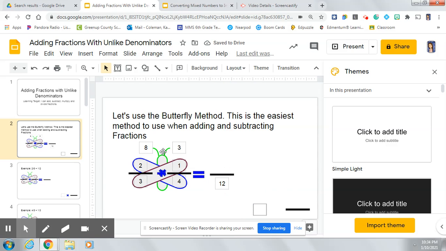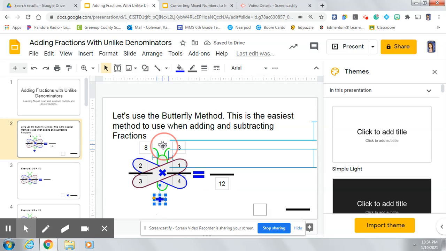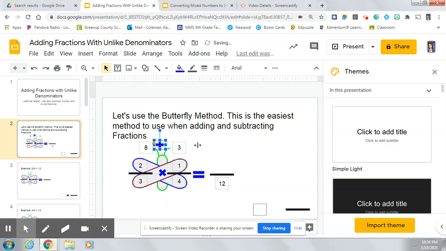And I add the two numbers that I got after multiplying. 8 plus 3, I'm going to get 11. So the answer for 2/3 plus 1/4 is 11 over 12.